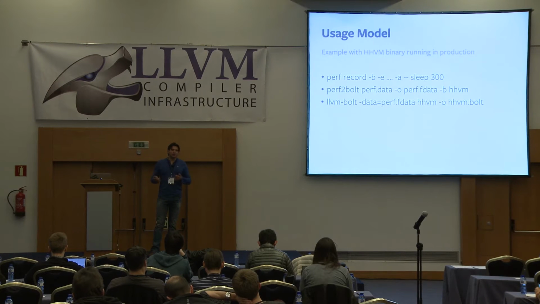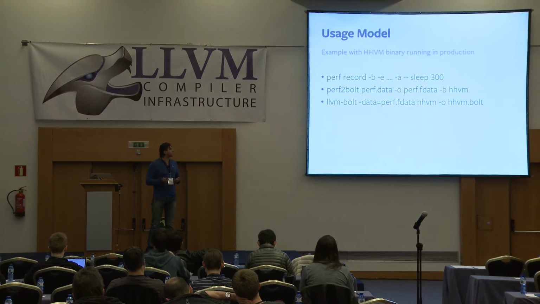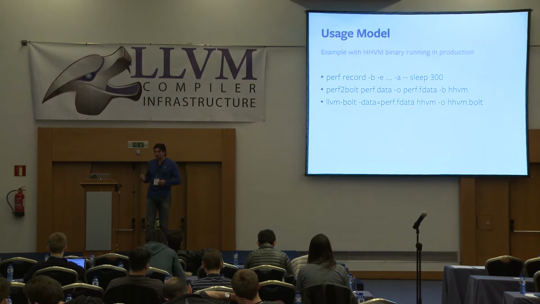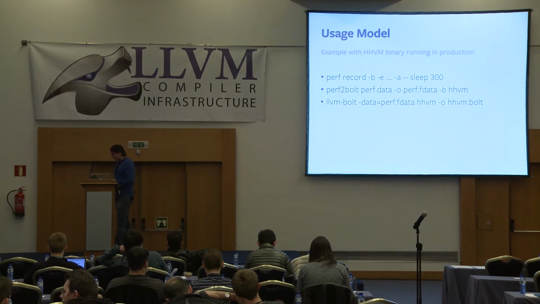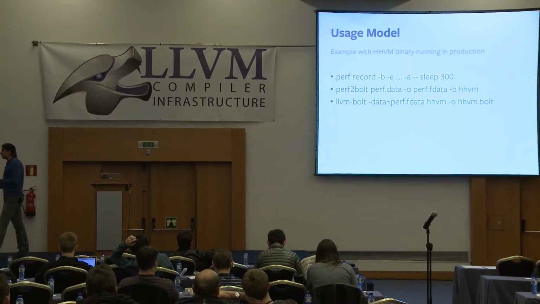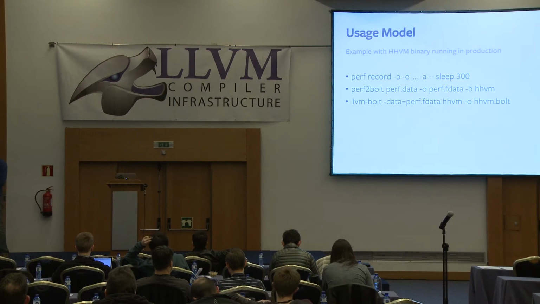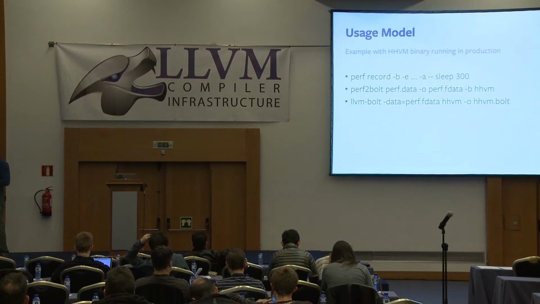And this allows you to annotate the control flow graph with approximate edge frequency information. Once you have the perf data, you use the binary that you just ran, and you convert the data to a different format.